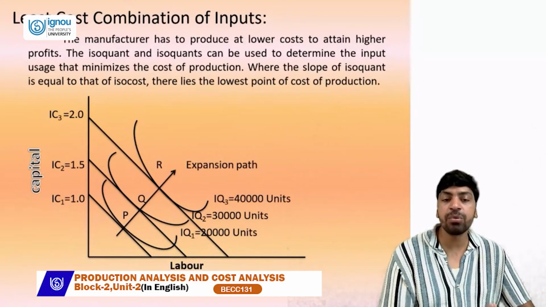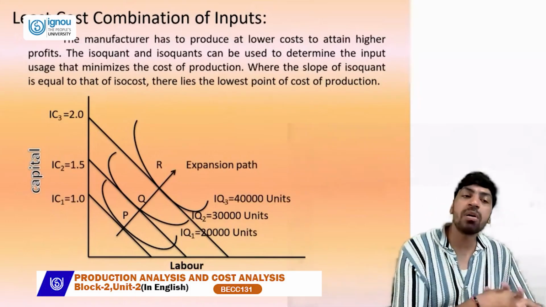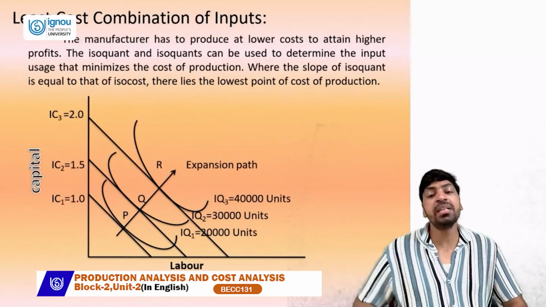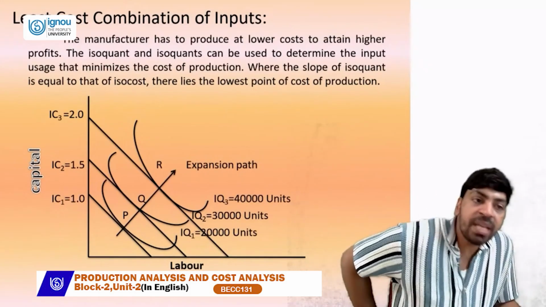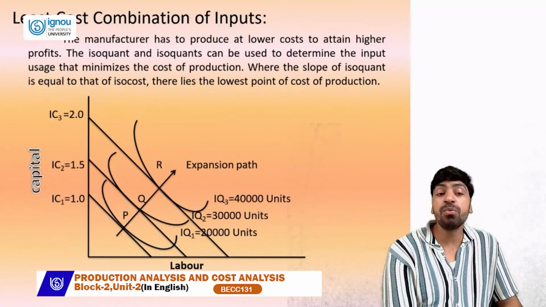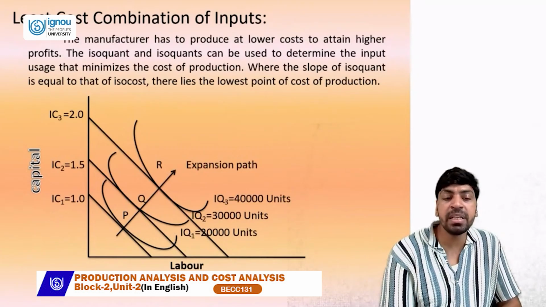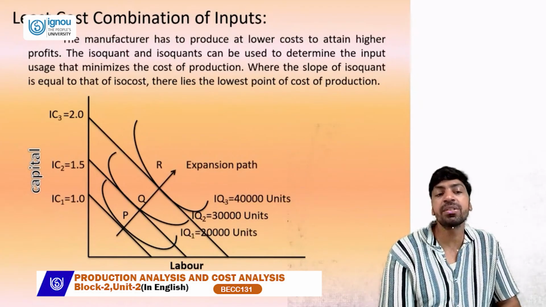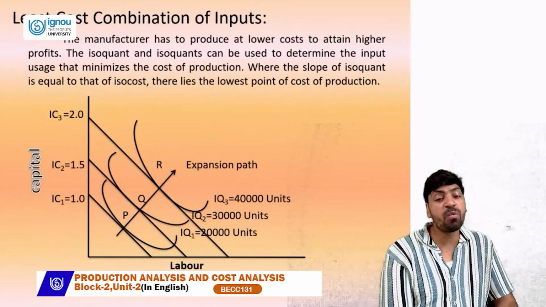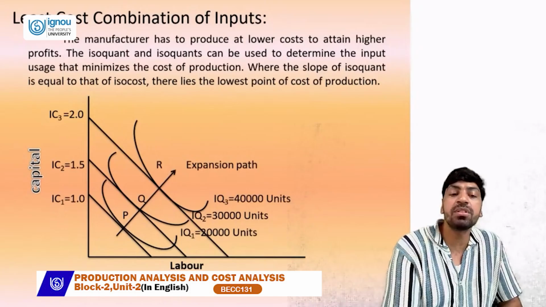IQ 2 yields 30,000 units with the isocost curve of 1.5, and IQ 3 yields 40,000 units with the isocost curve of 2.0. You can see the least cost is IC1, equal to 1, with the isoquant curve that yields 20,000 units.